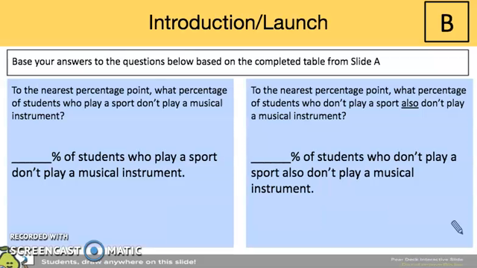And once they finish slide A, here are sentence supports. That way students can focus on what percentage of students play a sport who don't play a musical instrument and students who don't play a sport and also don't play a musical instrument.